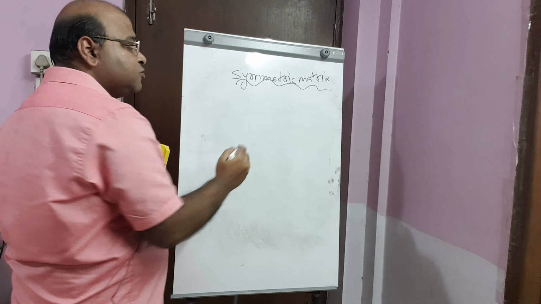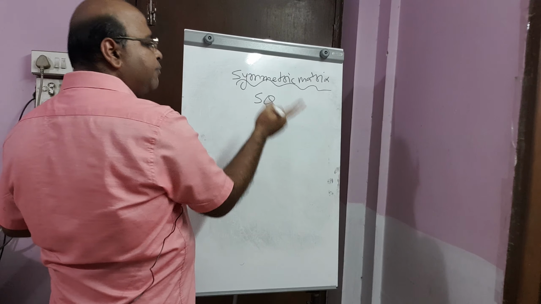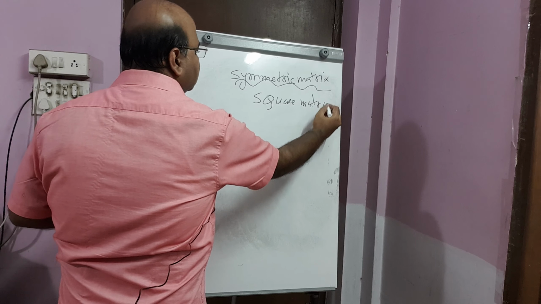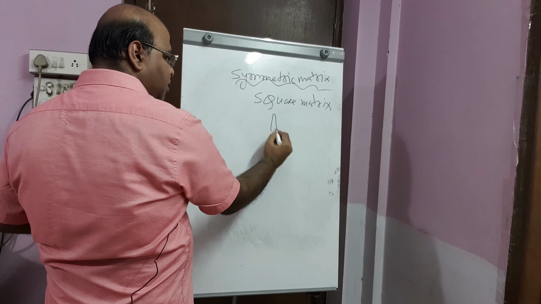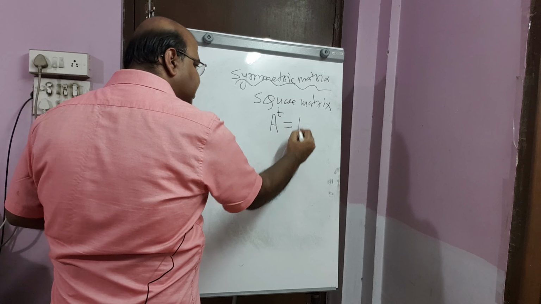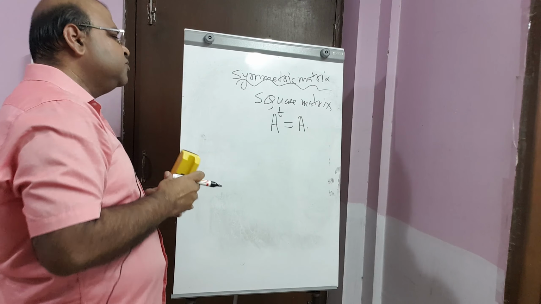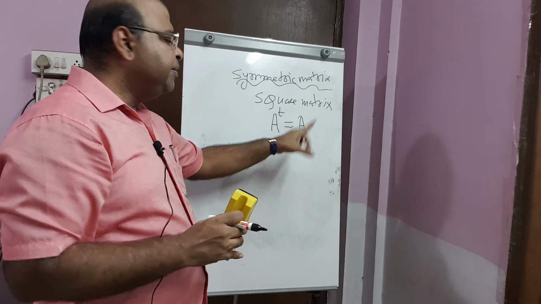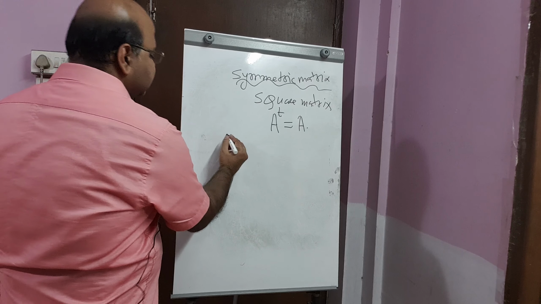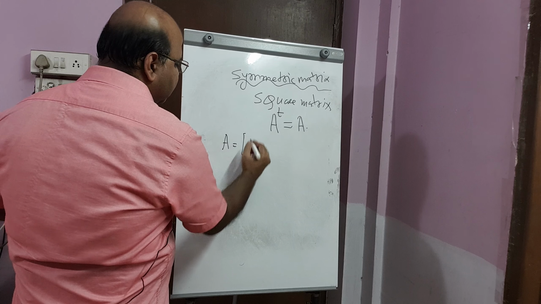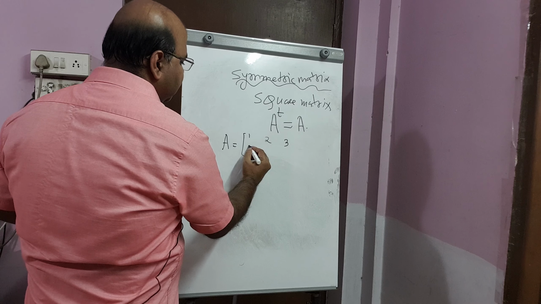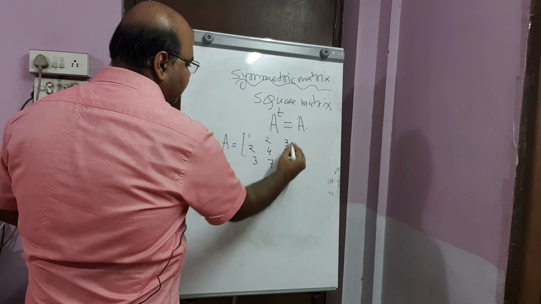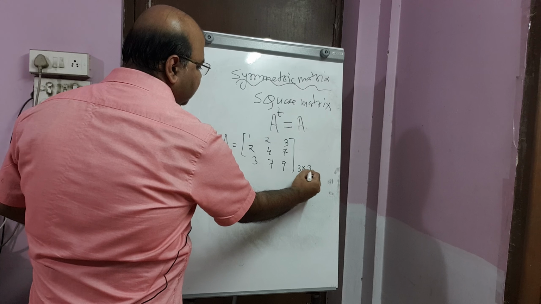The matrix should be a square matrix. We must have an equal number of rows and columns. So it is a square matrix, say capital A, whose transpose coincides with the matrix itself. If A transpose becomes equal to A itself, then such a matrix is said to be a symmetric matrix. For example, if I consider a matrix A, say 1, 2, 3, then 2, 4, 7, 3, 7, 9, it is a square matrix of order 3 by 3.